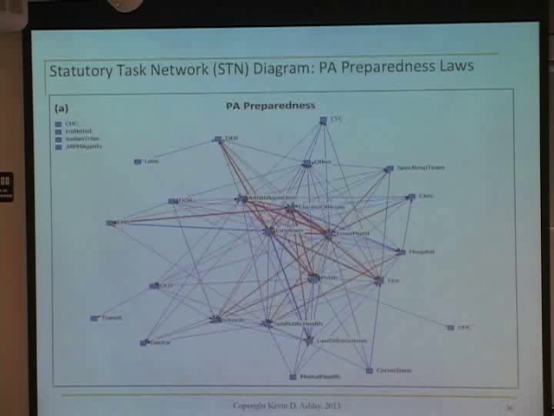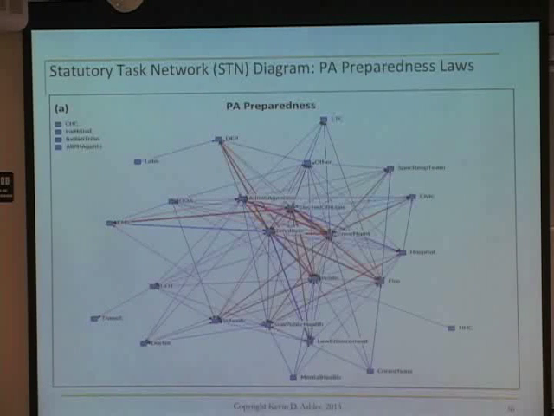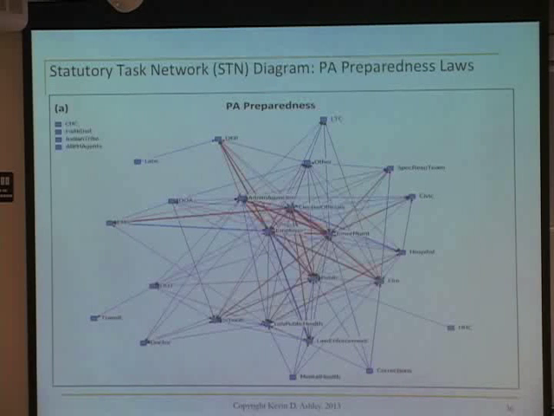And the arcs indicate who is directed to do something with respect to some other actor. And sometimes the arcs are unidirectional, and sometimes they're bidirectional. And the weights of these arcs represent the frequency with which these directions between two particular agents occur.